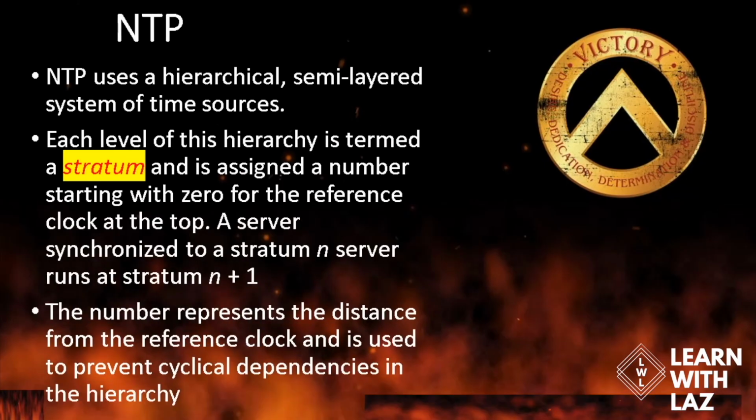Now, there's a hierarchy or order to this. Like it says there, a semi-layered system of time sources, which is called a stratum. A server synchronized to a stratum N server runs at stratum N+1. The number represents the distance from the reference clock.